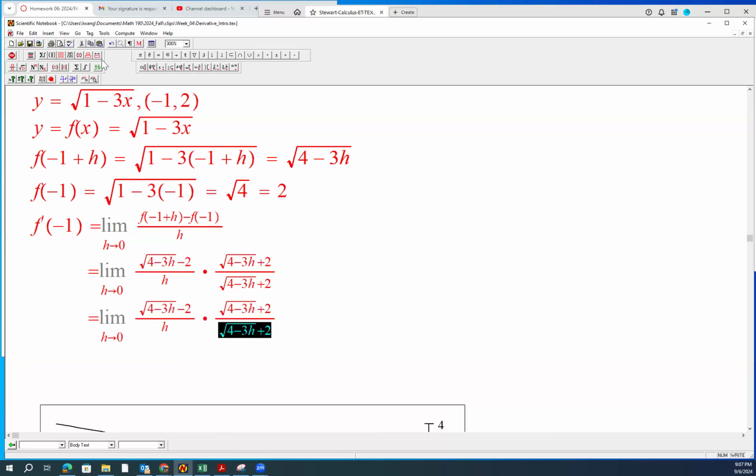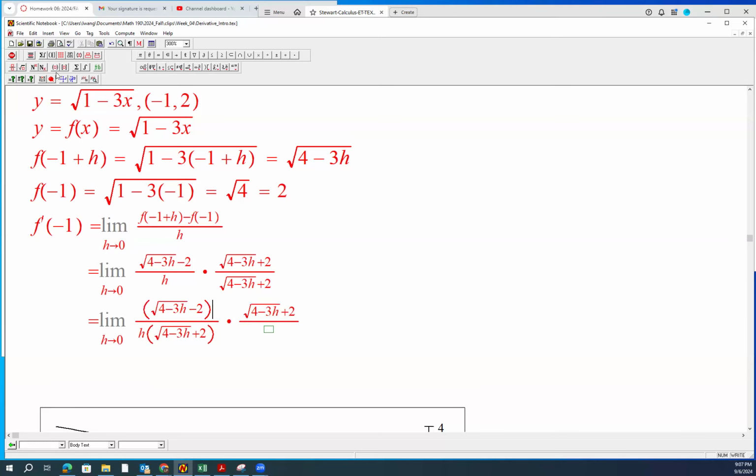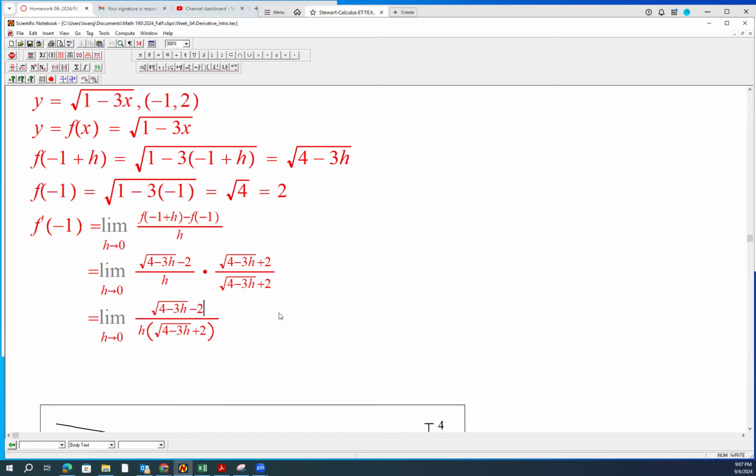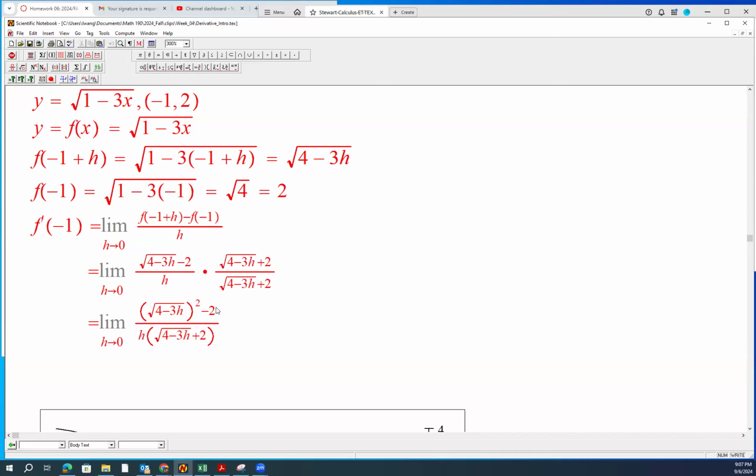Next, denominator times the denominator, and numerator times the numerator. The numerator makes a minus b times a plus b, so we end up with a squared minus b squared.